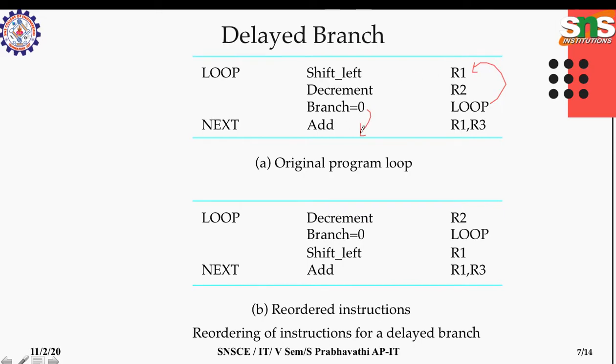So this slot is wasted. Instead, you rearrange this program, you reorder these instructions somehow so that we could avoid this slot. Okay, so come here to this reordered arrangement of the instructions. So here what we are doing, decrementing the count register R2 and we are checking the condition.